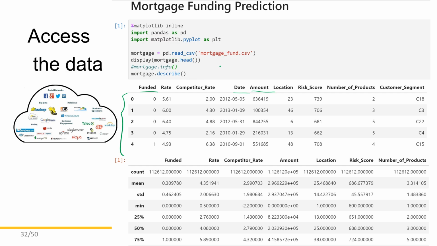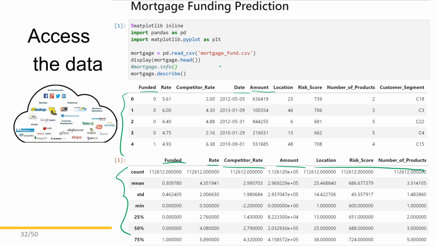mortgage.describe will give you some statistical analysis on each of these columns or variables that you have. You may ask, okay, what do these mean? Like, what is funded? What is rate? What are the different things?